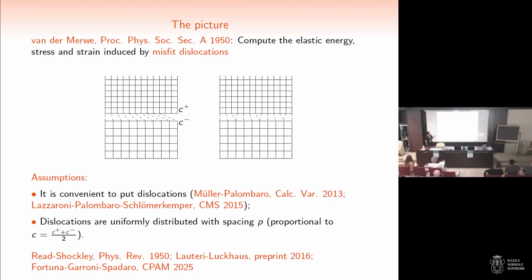The first observation is that it's not convenient to have only elastic deformation at the interface, where the energy at this stage of my talk will be the length of these dashed lines. As you see, although the difference between the two lattice spacings is very small, after a while I arrive with a very long elastic deformation.